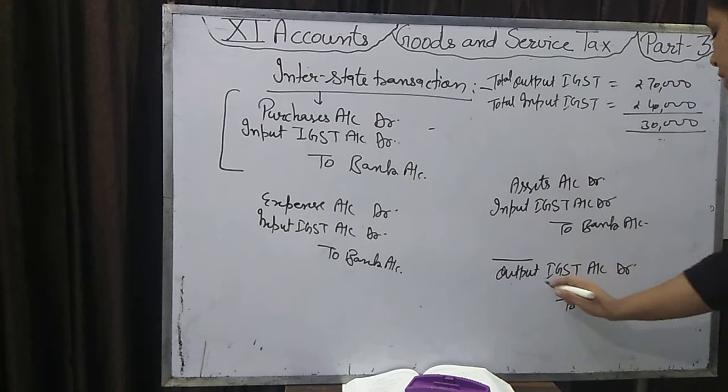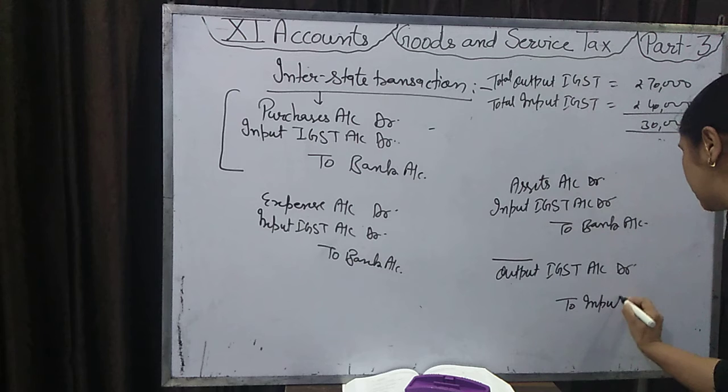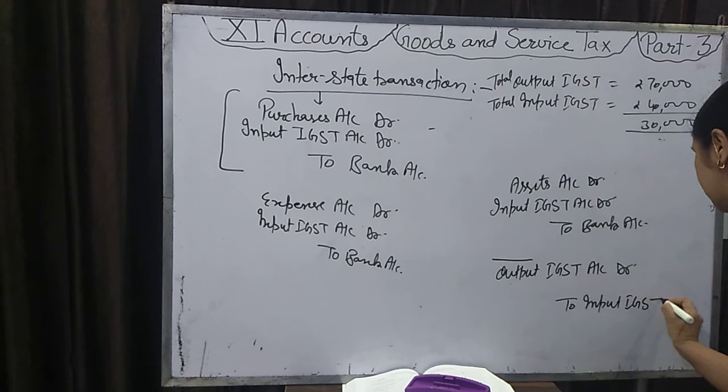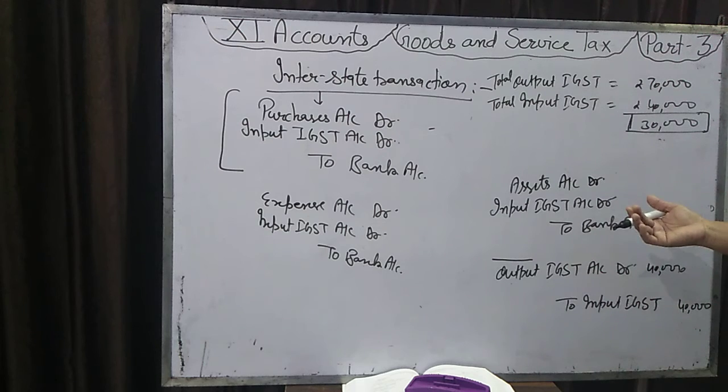So first of all, we will adjust output IGST against input IGST. How much can we adjust? 40,000. 30,000 of output IGST is still a liability of the business, which the business has to pay to the government. It can be divided between the central and state government.